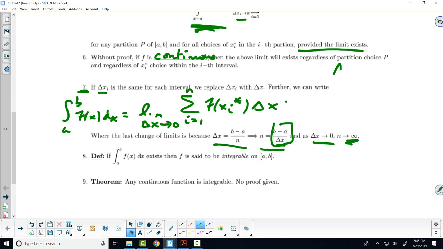So that means I can rewrite this one more time as the limit as n goes to infinity of the Riemann sum, the sum from i equals 1 to n of f of xi star delta x. So it's this formulation that I want to spend a couple minutes talking about.